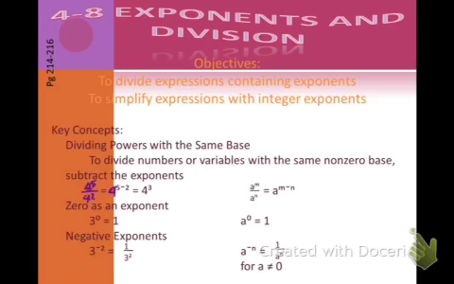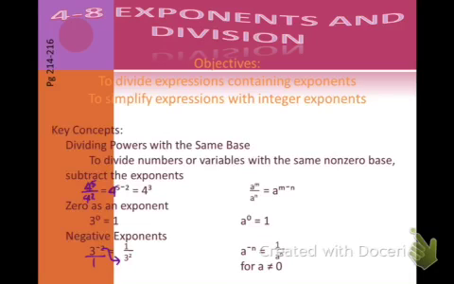Negative exponents. If you have a negative exponent, if it's not already, put it into a fraction. So you're going to make 3 to the negative 2 power, and put it over 1 because we want to make it a fraction. To make it into a positive exponent, I'm going to bring it down to the bottom.